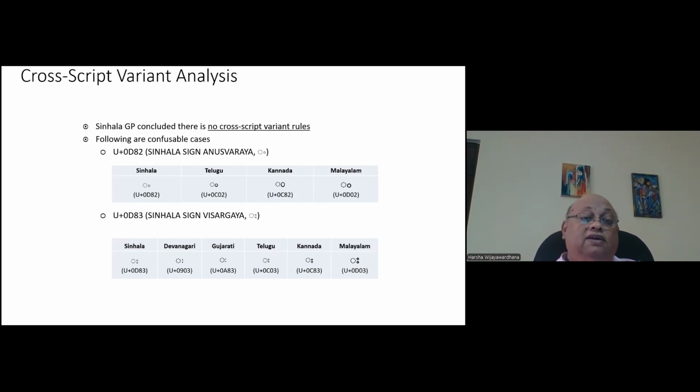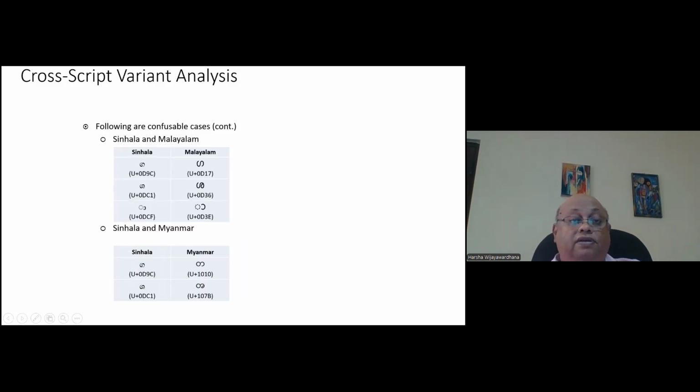You can see Sinhala, Telugu, Kannada, Malayalam. They are very similar. This is actually a linguistic zero, what you are seeing right now. Then you have the Visarga. Visarga is, of course, in the bottom, the second part. You can see the Sinhala Visarga, Devanagari, Gujarati, Telugu, Kannada, Malayalam. Then the other similar looking ones are G, which you have in Malayalam.